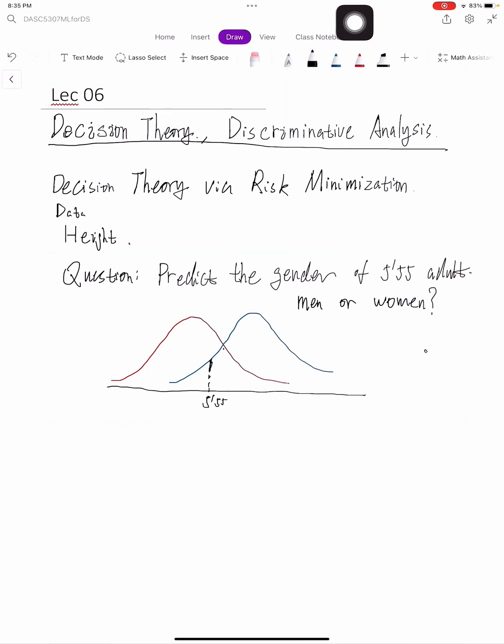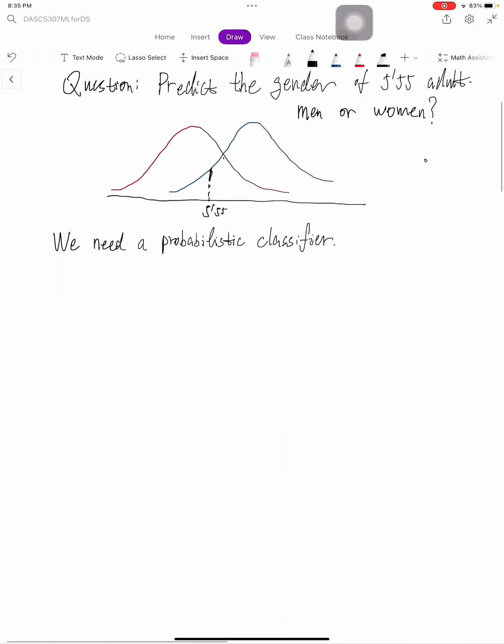So one aspect of the probabilistic data is that sometimes a point in feature space does not have just one class. So this height example is exactly the case where we need the probabilistic classifier.